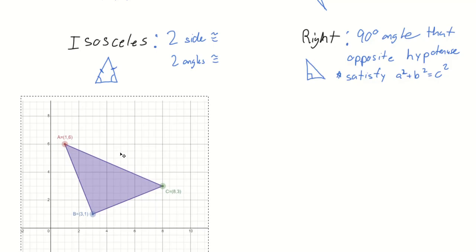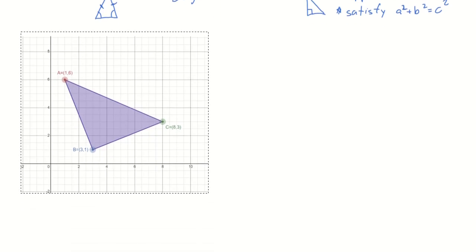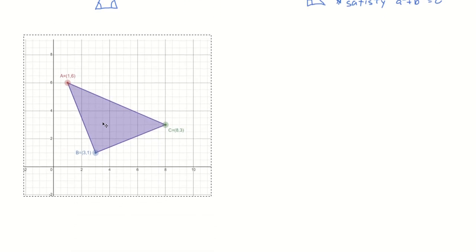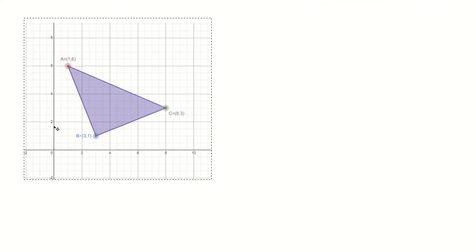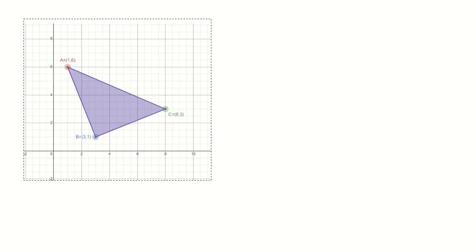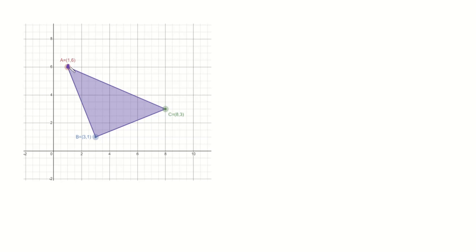Good, Drew, with the notes? Okay, I'm gonna scooch down. This is my triangle. I'm gonna make the points a little bit bolder here. So A is right here. A is 1,6.